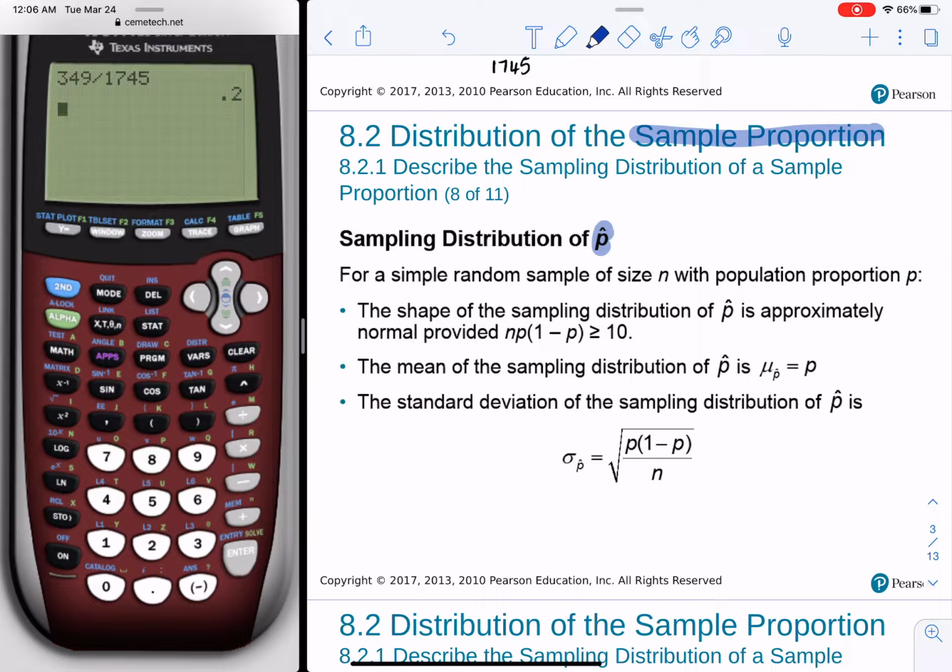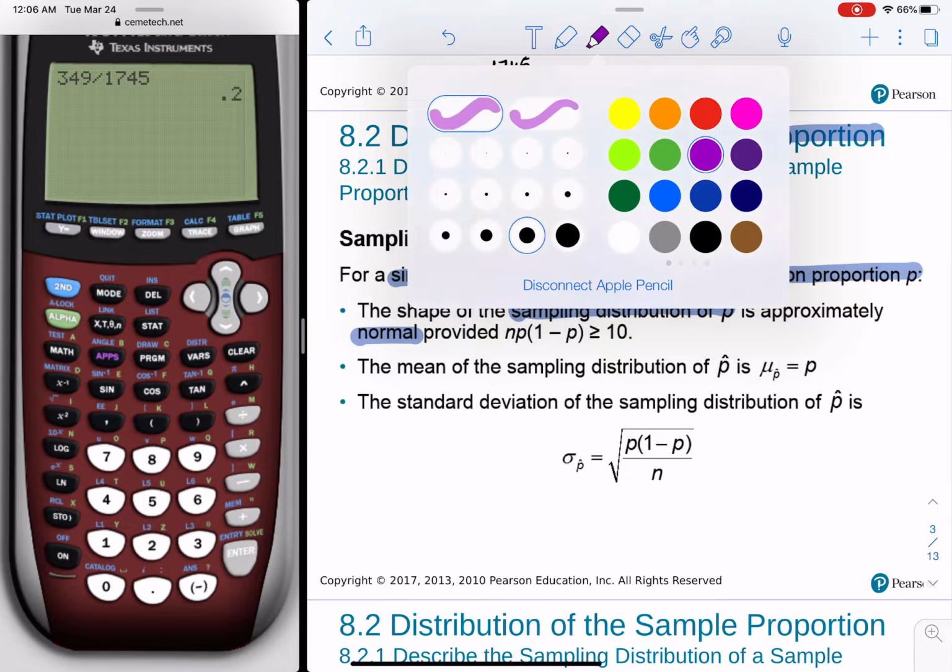If we have a random sample of size n with population proportion p, the shape of the sampling distribution of p hat is approximately normal, provided this condition is satisfied.